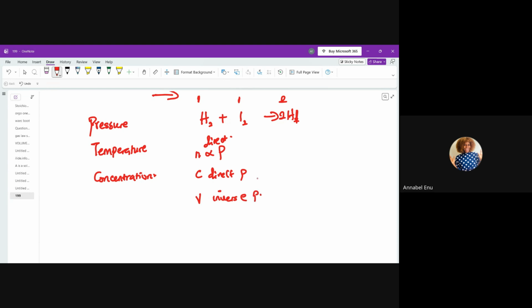Then how about catalyst in chemical equilibrium? Even though catalyst is one factor, it is not a factor.